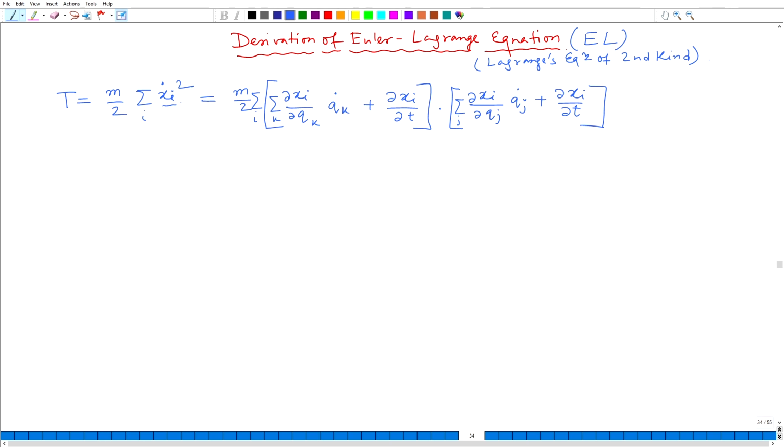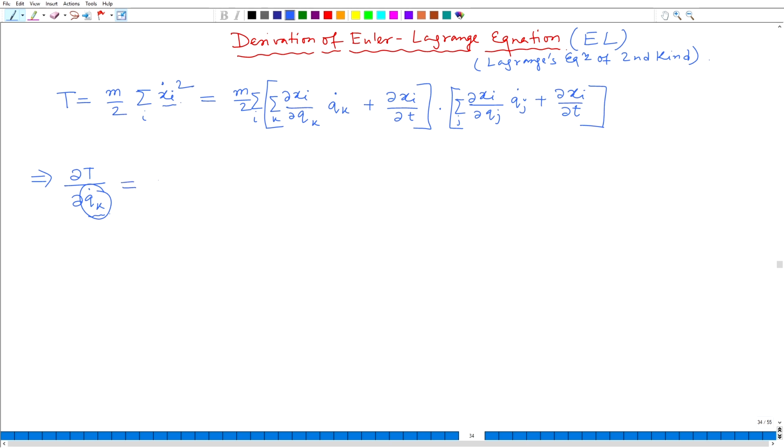Now, what you can do is directly calculate del T by del q_k dot. I am taking one specific generalized coordinate q_k, and q_k dot is the corresponding generalized velocity. I am evaluating del T by del q_k dot.